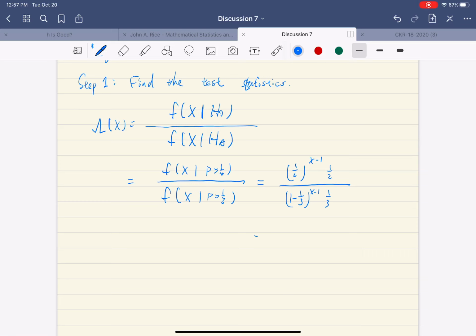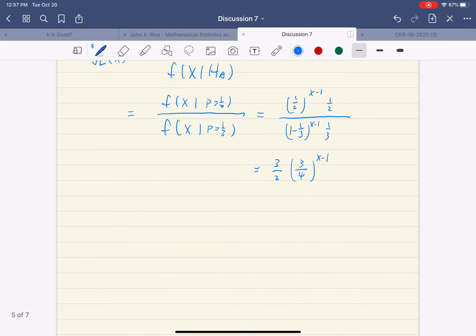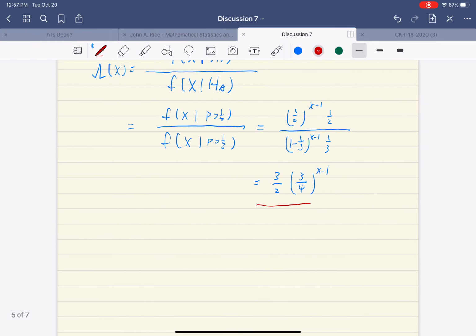So we can see this can be simplified to 4/3 to some power. So this is a decreasing function of x.